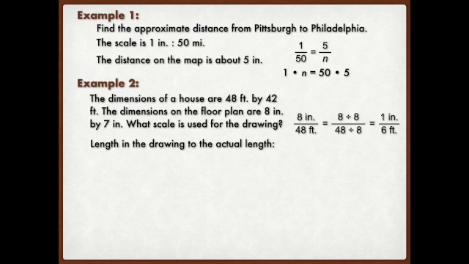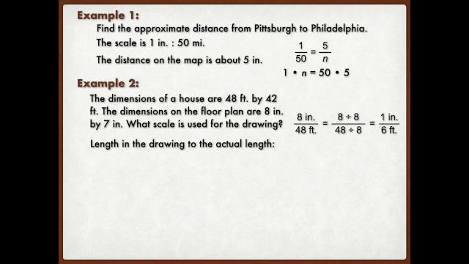So 1 inch over 50 would be the fraction, and I'm comparing this with 5 inches over my missing number. So please cross multiply to figure out what the missing number would be. And then when you do example 2, remember 48 feet by 42 feet, they are not over each other.